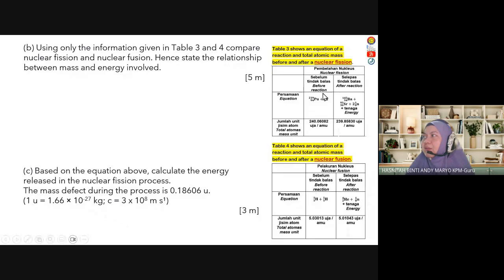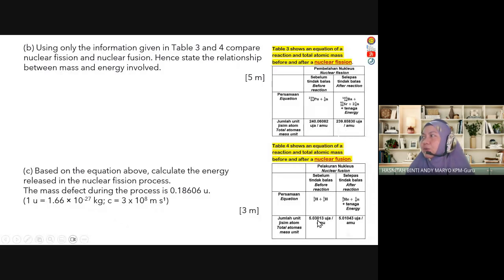So this is the equation before reaction and after reaction. And for nuclear fusion, this is the equation before reaction, and this is what happened after reaction. They give you readily the total mass before reaction and after reaction.